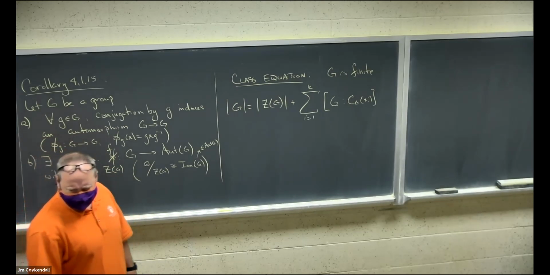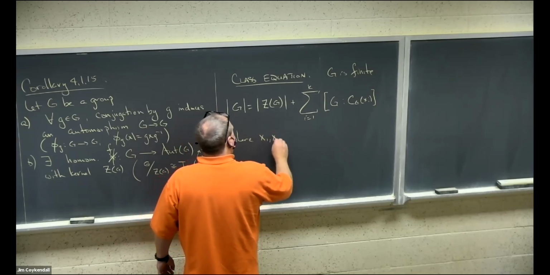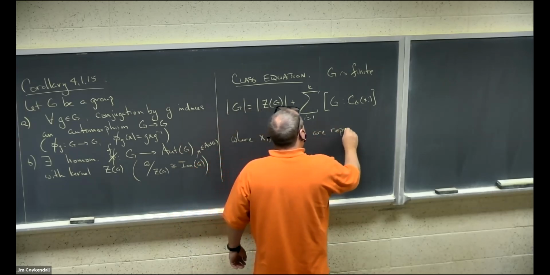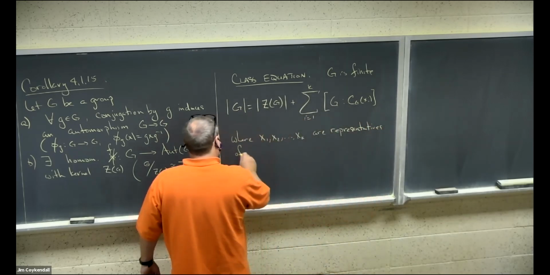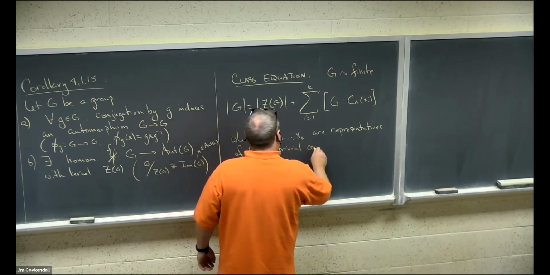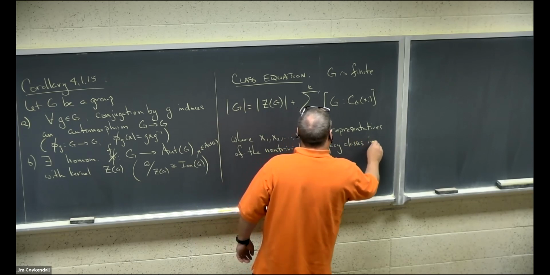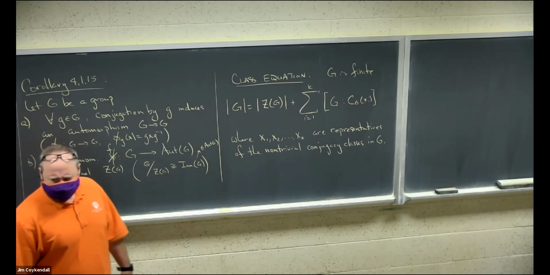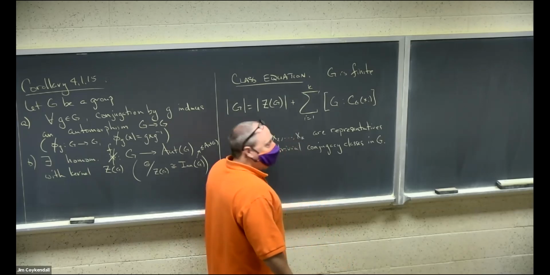For x1, x2, up to xk, our representatives. This is what the class equation was.